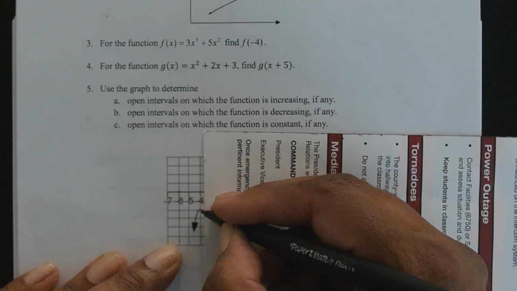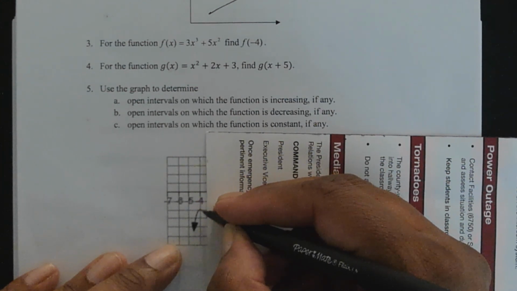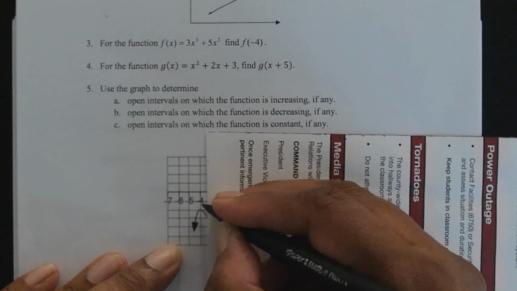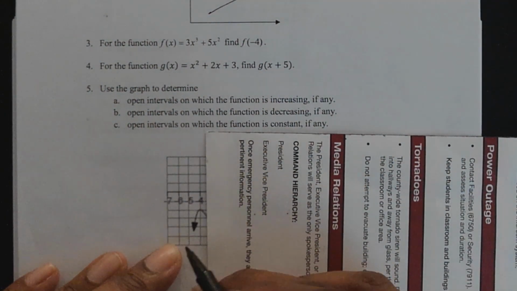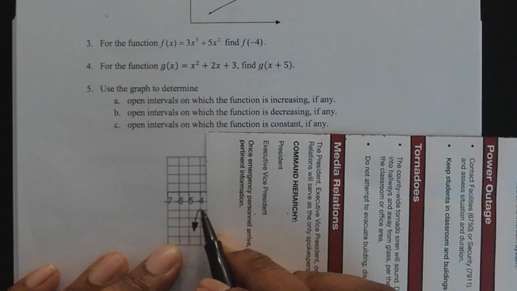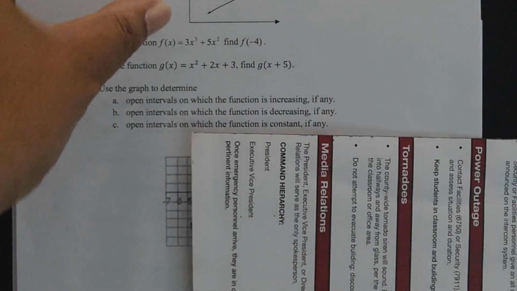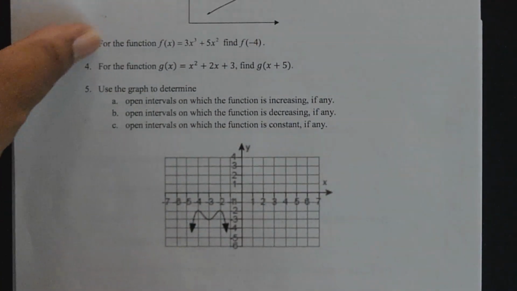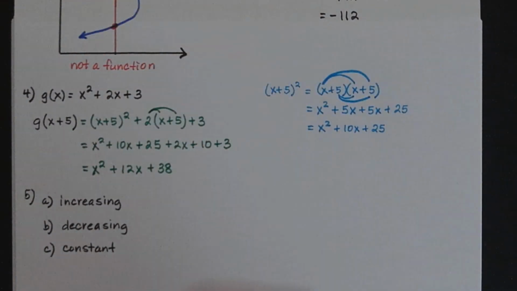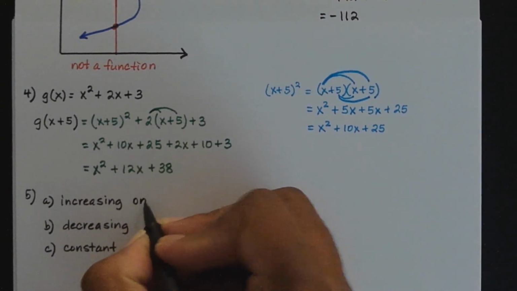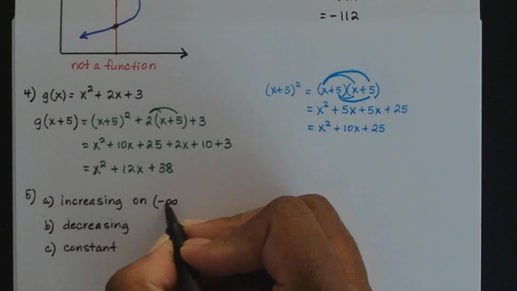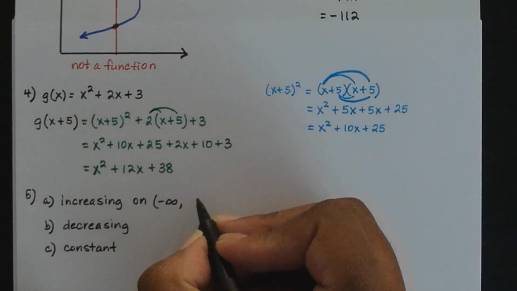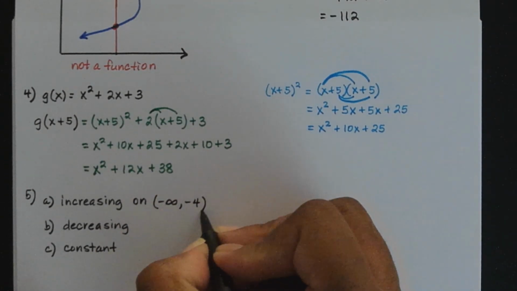And the x value where it reaches its highest point will have to be -4. So, from negative infinity to -4, that graph will be increasing on that interval. So let me go back here and say that it's increasing on this interval, negative infinity to -4.